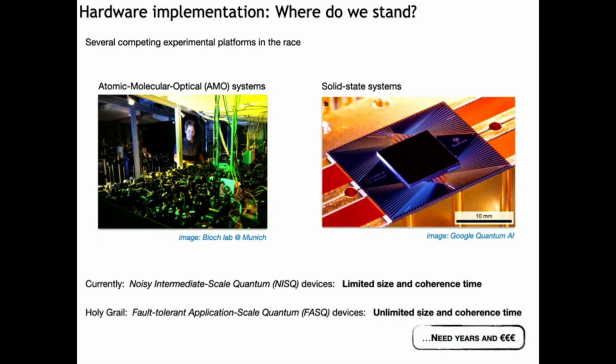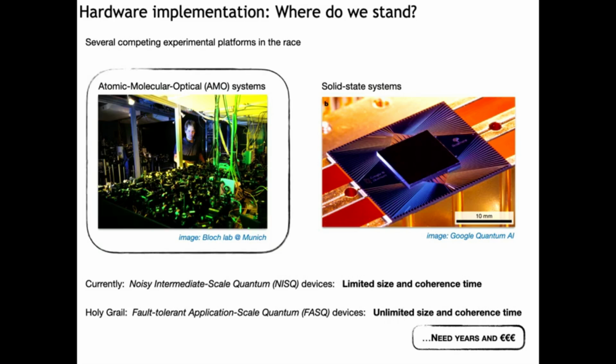Of course, this needs a lot of investment of time and of resources. So in the talk I will mostly focus, as I said, on atomic molecular optical platforms. I will now sketch the functioning of a few of these platforms, just to give you an idea of how, as I was mentioning before, one can exploit the native interactions of the system in such a way as to encode the desired degrees of freedom and the desired Hamiltonian evolution in a system.